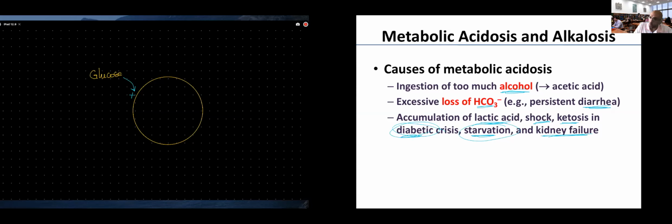So what would I do here as a cell? I want to generate ATP to carry on my metabolic activities. So what will I do? I will start to break down fats. And when I break down fat to generate my ATP, there will be steps in the fat metabolism that actually require you to have carbs in order to facilitate the breakdown of the fat.